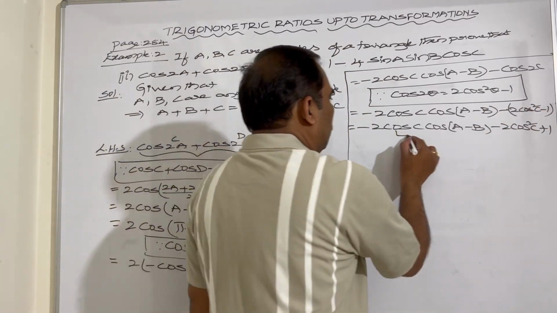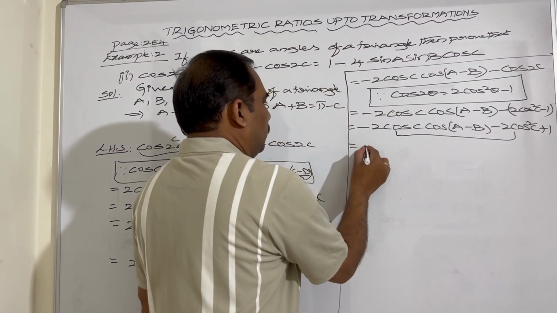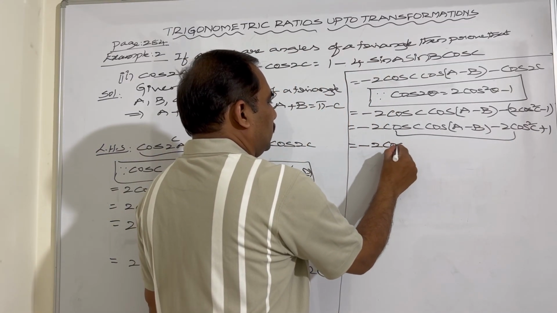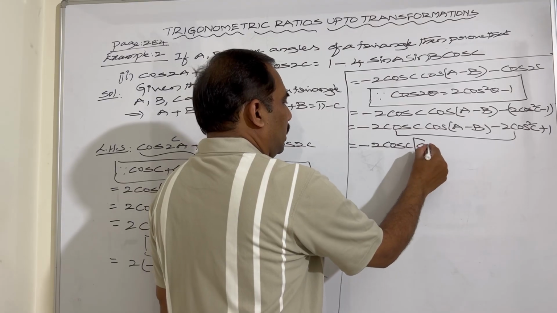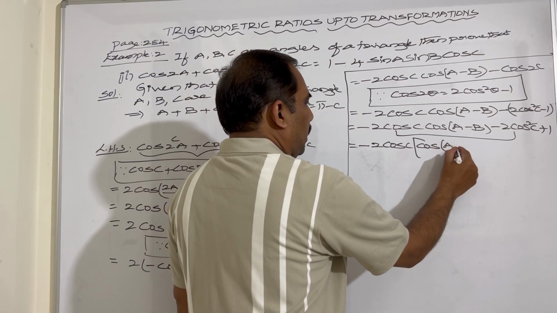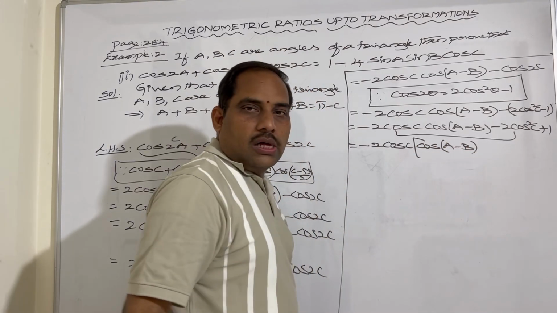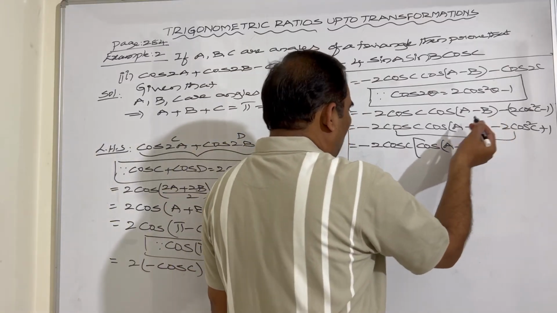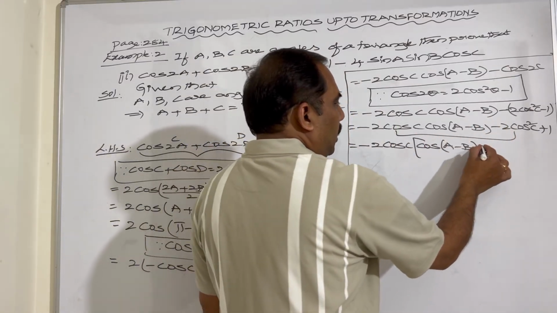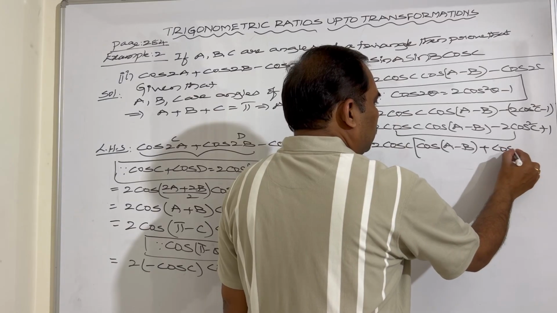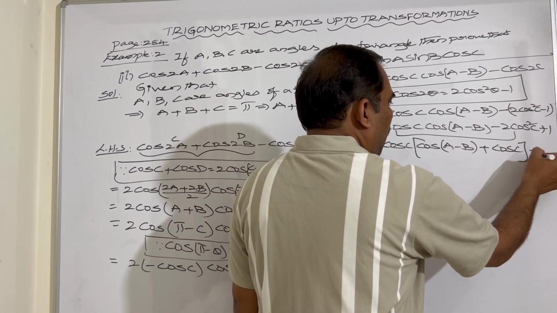Now if you observe both the terms, clearly minus 2 cos C is common. When you take out minus 2 cos C, this is cos of (A minus B), and plus cos C is left over, and plus 1.